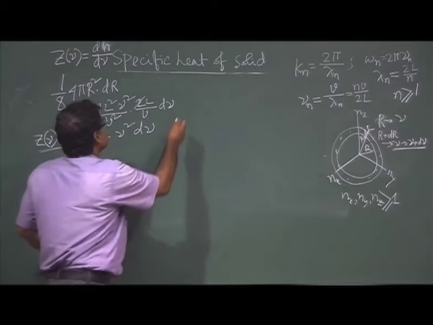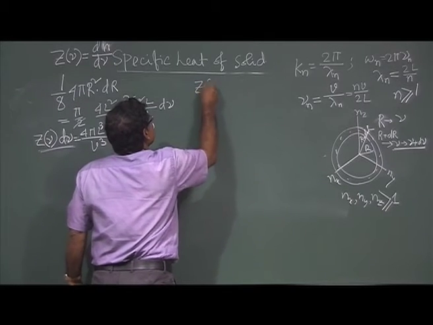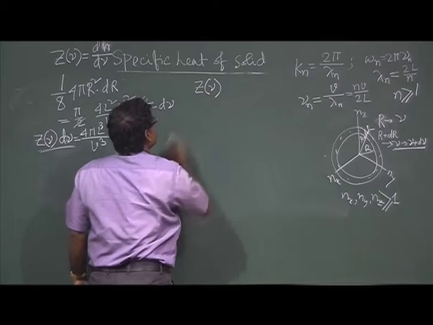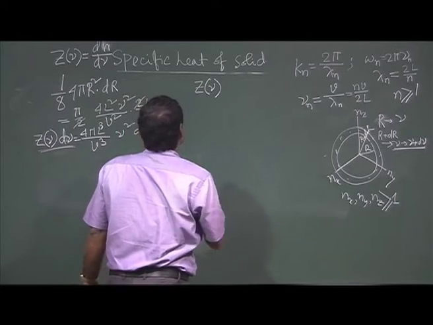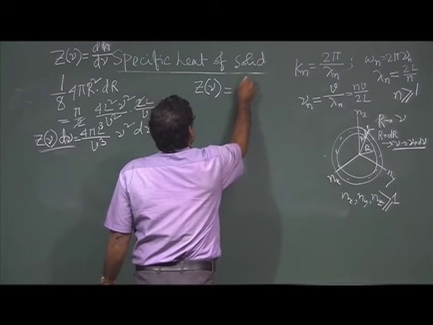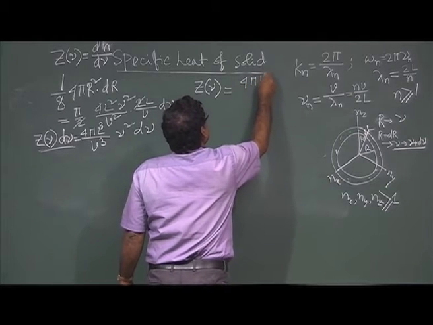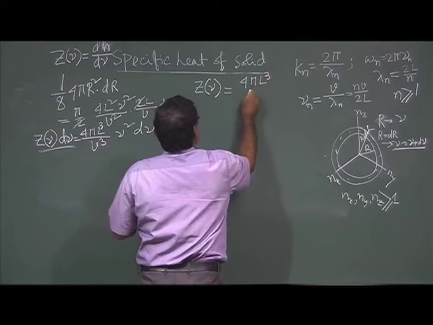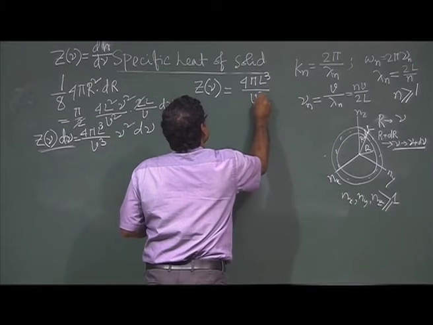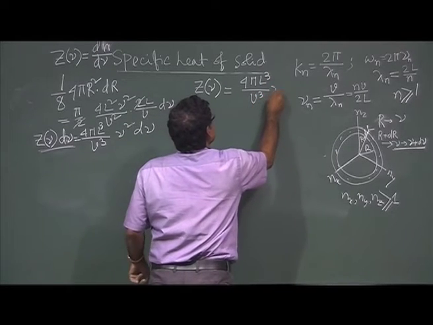So, the density of modes at frequency nu, Z nu, is equal to 4 pi L cube by V cube, where V is the velocity, times nu square.